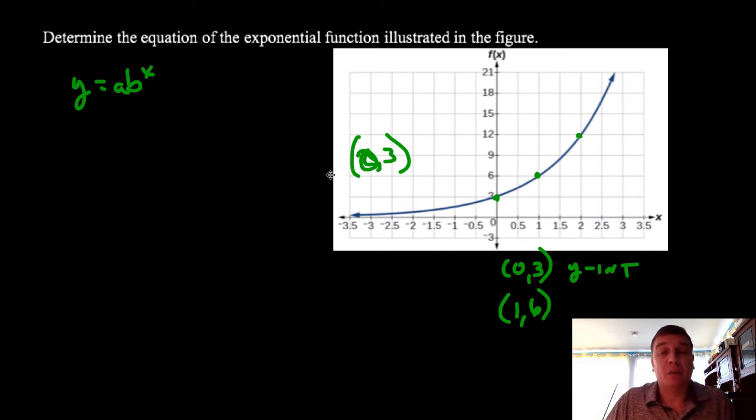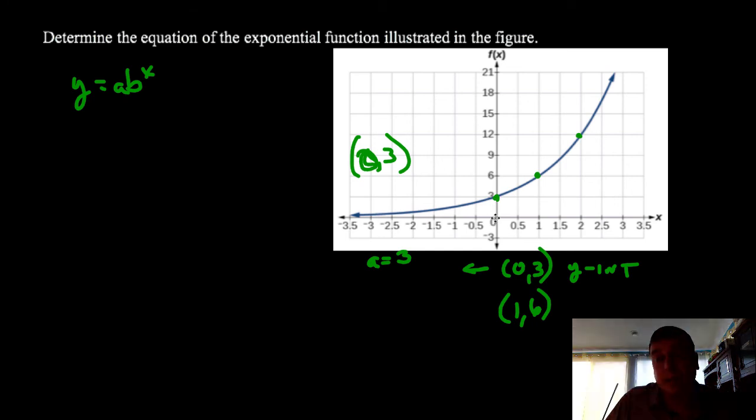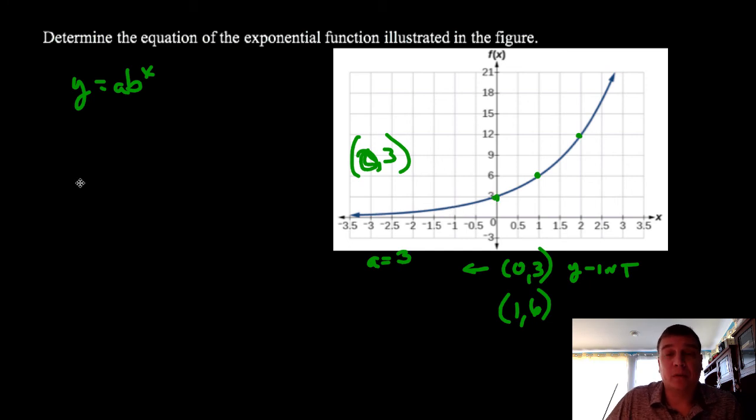That means that right away, not only is this the y-intercept, but that also tells me what my a value is going to be. In other words, if I go nowhere on the x, I'm at 0 for the x value, then my y value is 3. So that gives me that part already.